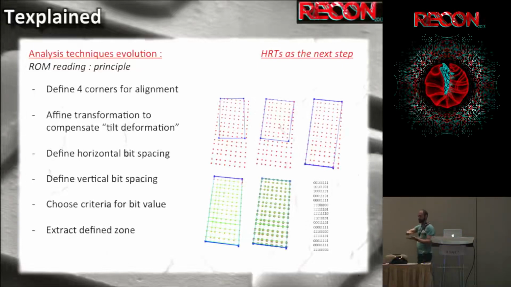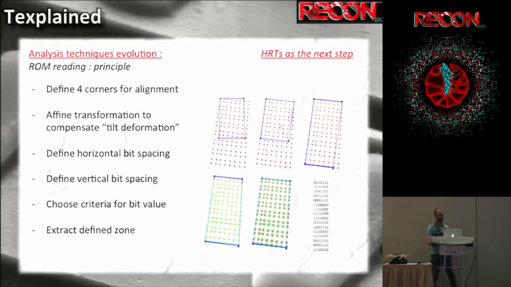Tilt compensation is also important, so you have an affine transform to put in place. Then you have a lot of parameters to set: spacing between the columns and rows, the size of the area of interest, and then a method to detect the bits. It can be an average, or a threshold or whatsoever. And at the end, you can extract the binary.